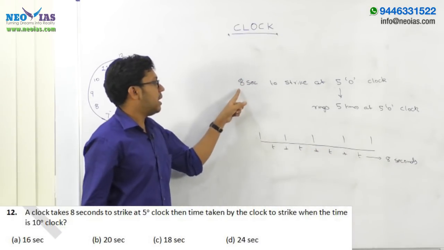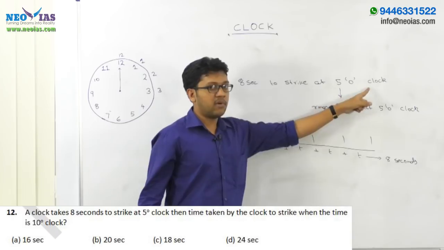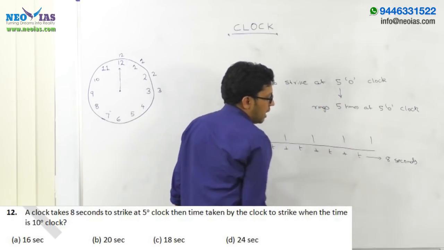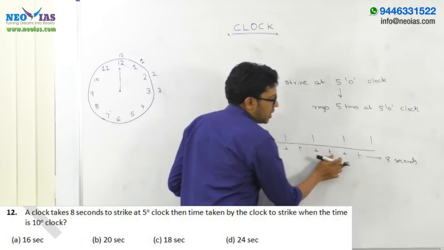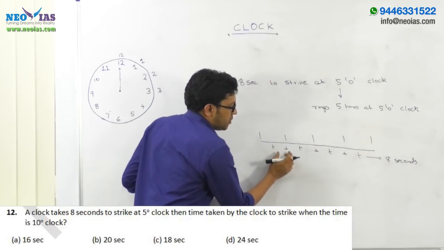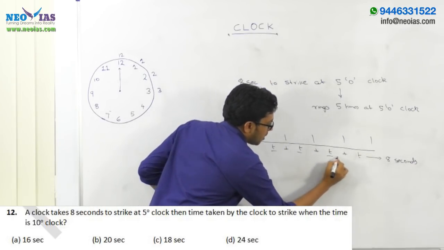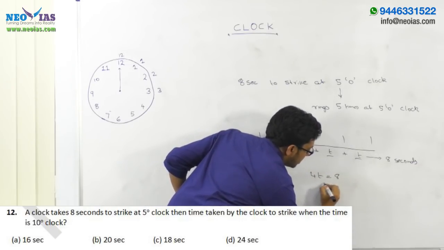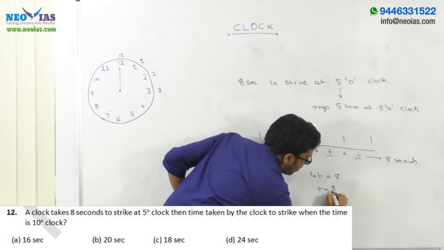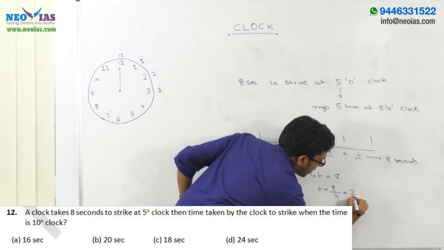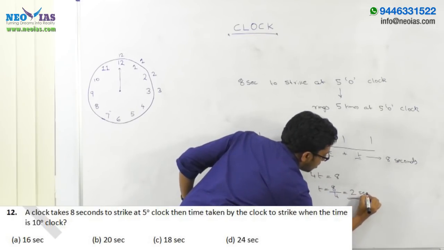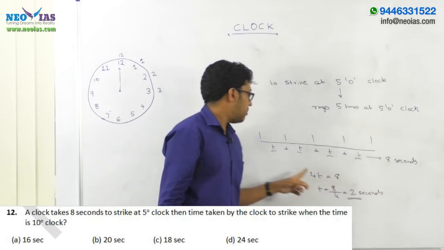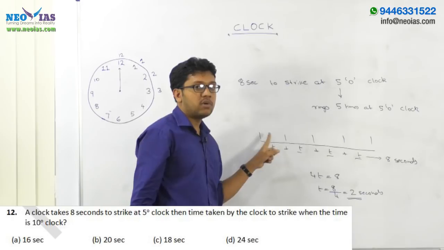It is given in the question: 8 seconds to strike at 5 o'clock. There will be 4 time intervals between 5 ringings, and together we have to get 8 seconds. Thus 4t together we get 8 seconds. Thus 1t will be 8 by 4 is equal to 2 seconds. 2 seconds will be the time interval between 2 consecutive ringings.